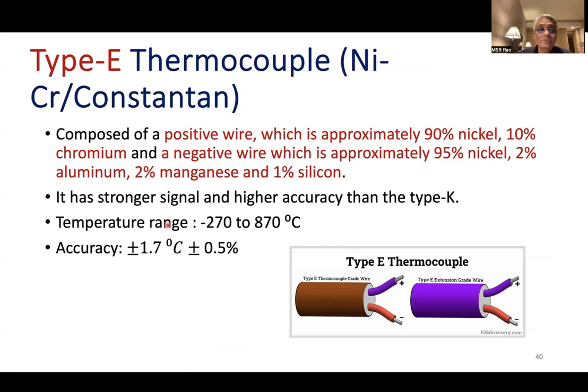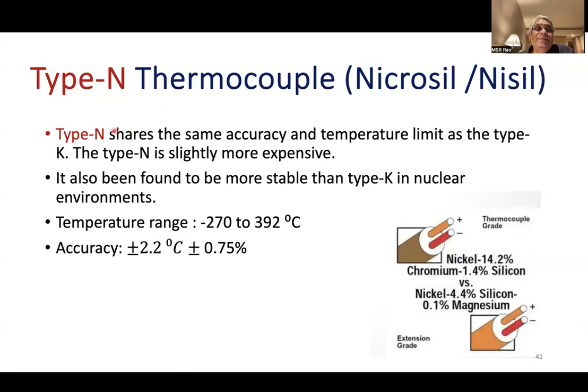It has a stronger signal and higher accuracy than the K-type one. The temperature range is minus 270 to 870 degrees centigrade, and the accuracy is plus or minus 0.5%, and in terms of temperature accuracy, it's plus or minus 1.7 degrees.